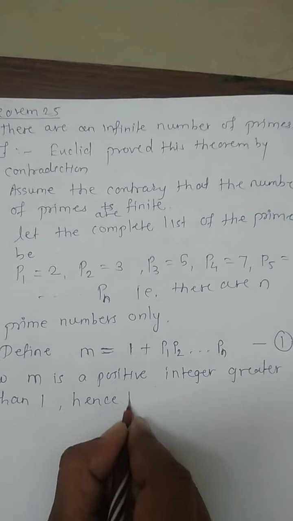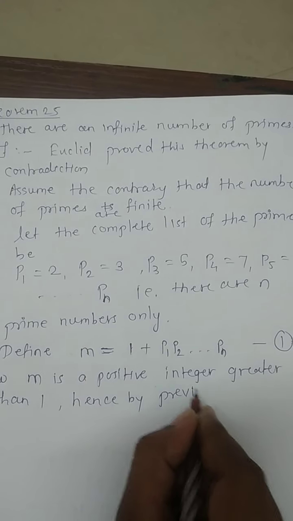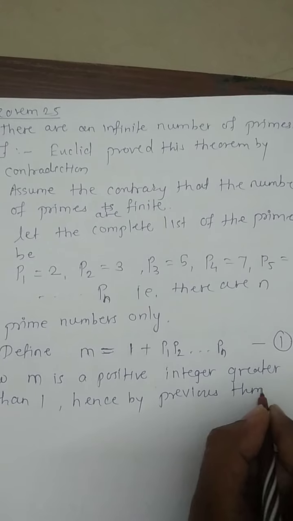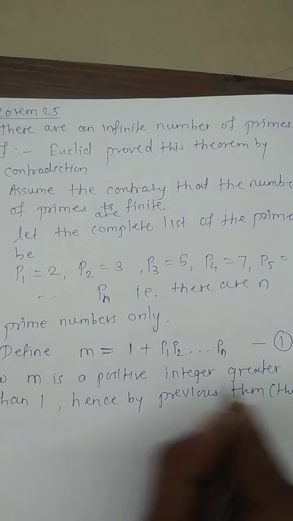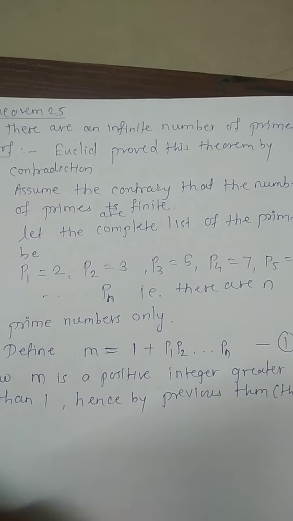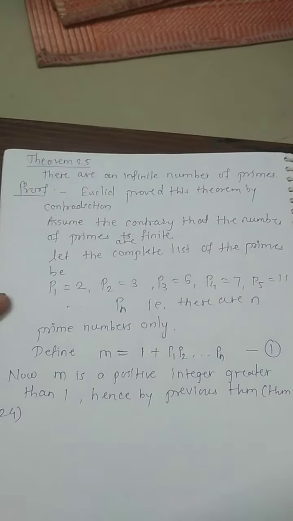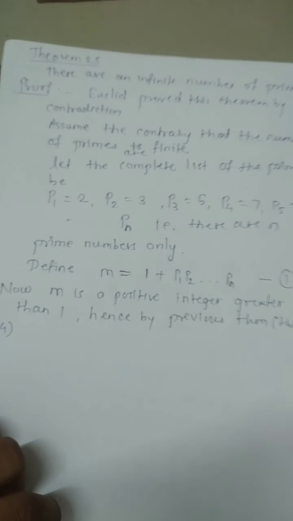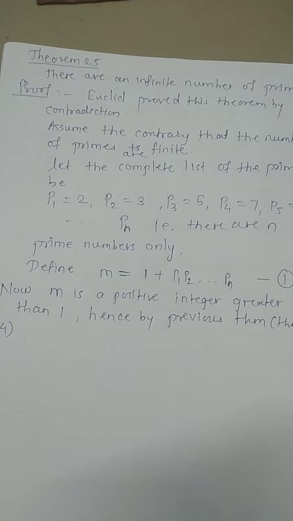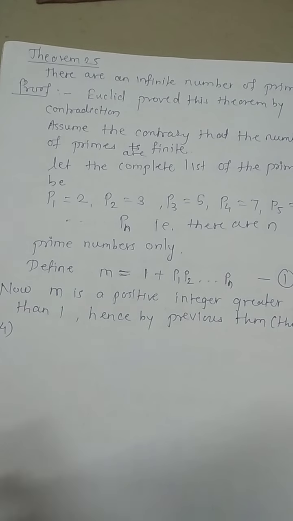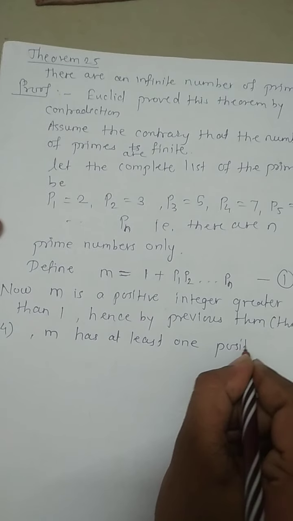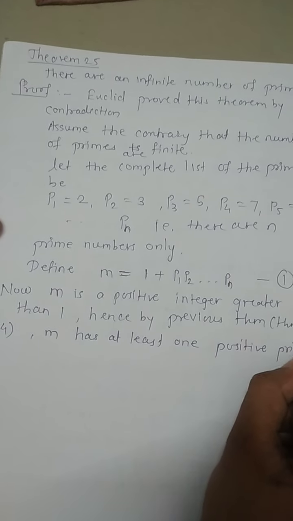Hence, by the previous theorem, that is theorem number 24, m has at least one positive prime divisor.